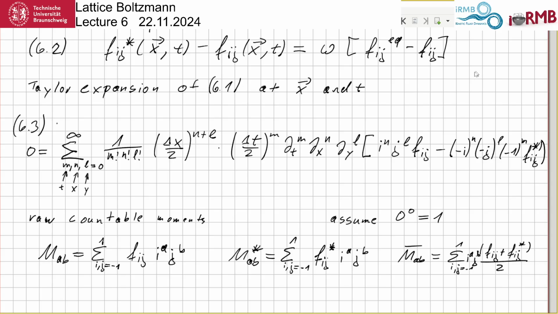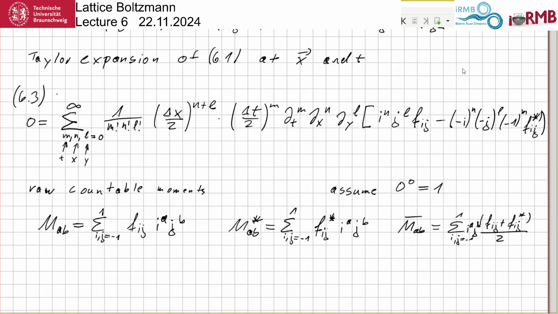In addition to pre-post collision and the average between pre and post collision, we also have the collision itself. By the collision itself, I mean the difference between post-collision and pre-collision, and this is what we are going to call omega.